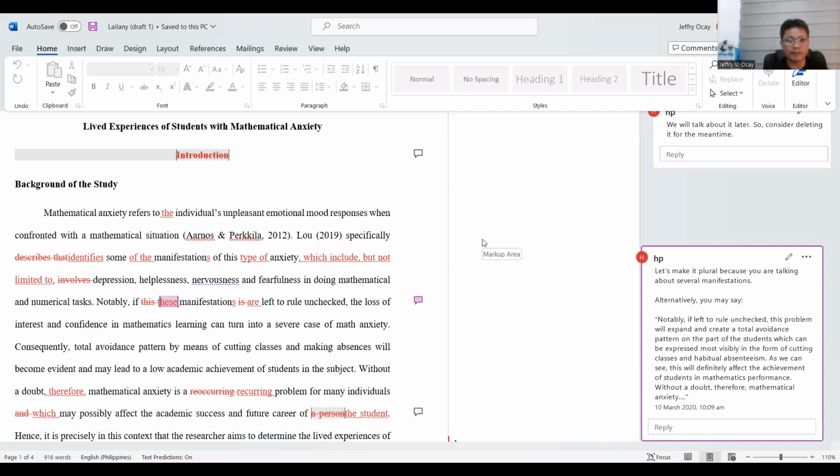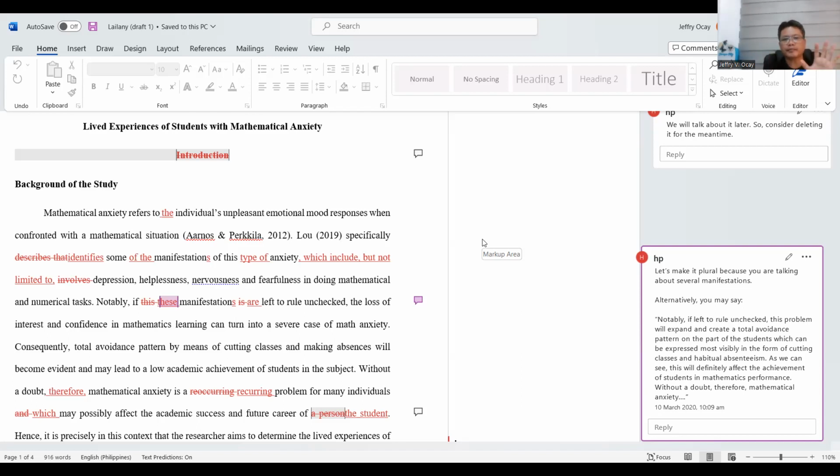So after we discussed the problem that my advisee wants to see addressed in her proposed research, and after we came up with a researchable problem, then I asked her to read a lot of literature in relation to her topic, and I also asked her to conduct initial interviews and observations so that she would have reliable inputs, ideas, and information when she starts writing the background of the study.